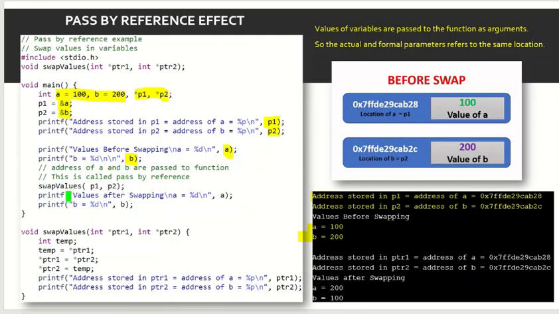Now to swap, I am passing the pointer variables p1 and p2 to the function swap values. So this is a user defined function swap values, and which is defined here.